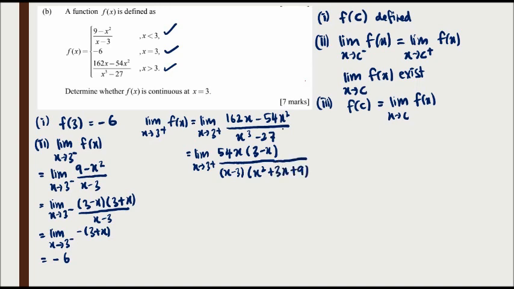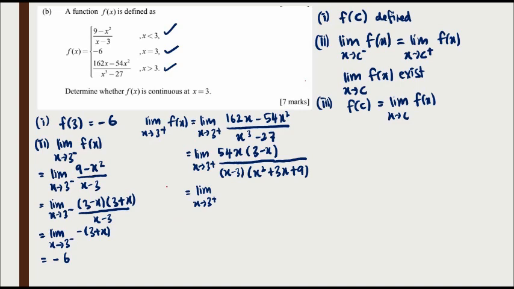So you have to factor the cubic function down here in the denominator. Now, to simplify 3 minus x and x minus 3, you actually need the negative sign.